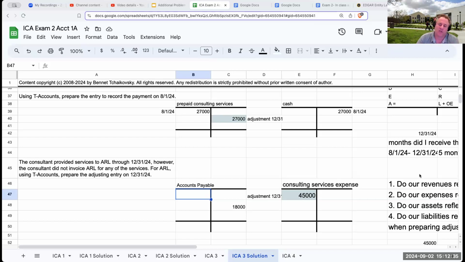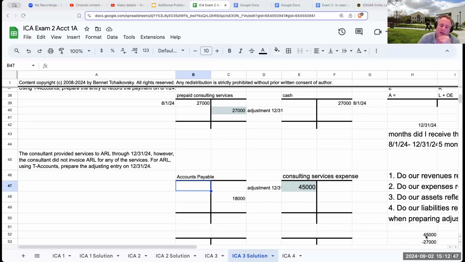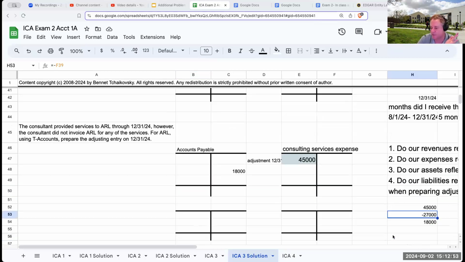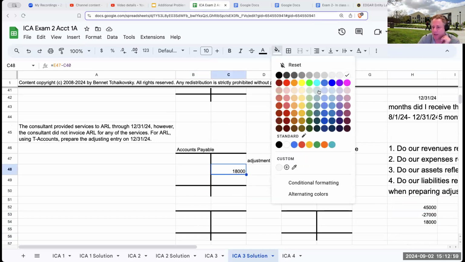When I do my adjusting entries, my assets need to show their future economic benefit, liabilities my future obligations, expenses what I've used, revenues what I've earned, and I never touch cash. As of right now, I got $45,000 worth of services, but I only paid for 27,000 of them. So I owe 18,000, a liability, which is my accounts payable.